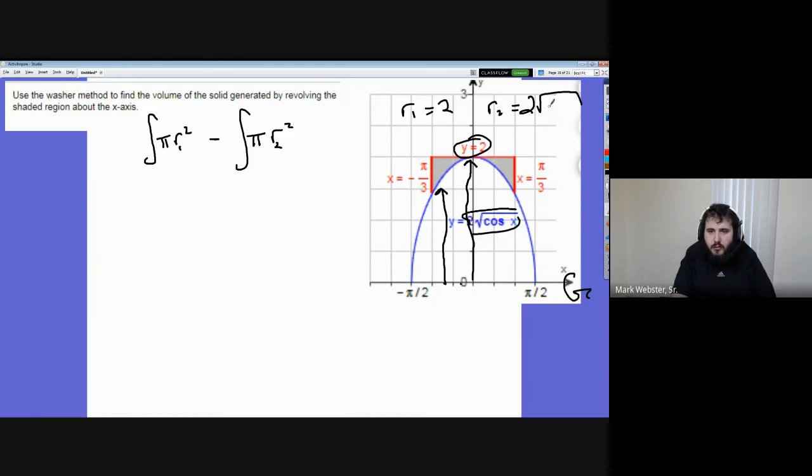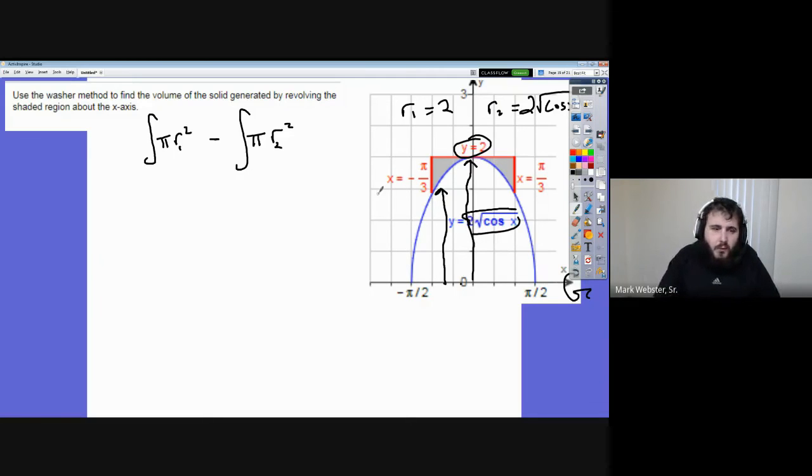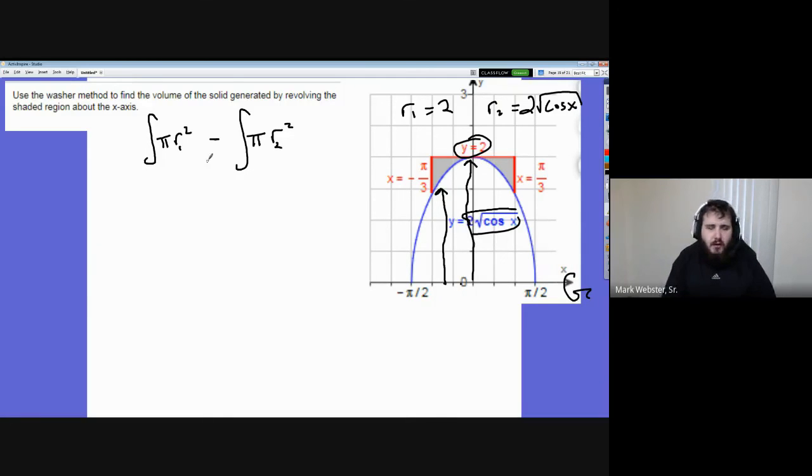And then all we have to do here is just put it here, right? And we're going from where? From negative radical 3 to positive radical 3. What did I just say? Negative pi over 3 to positive pi over 3. Goodness. Pi over 3.